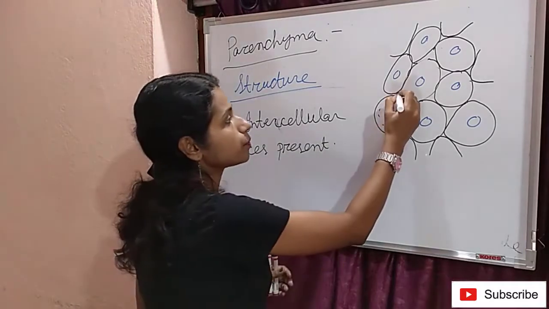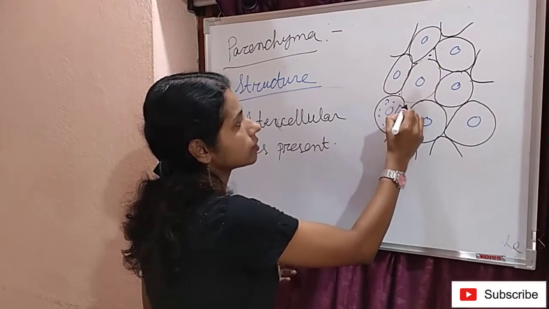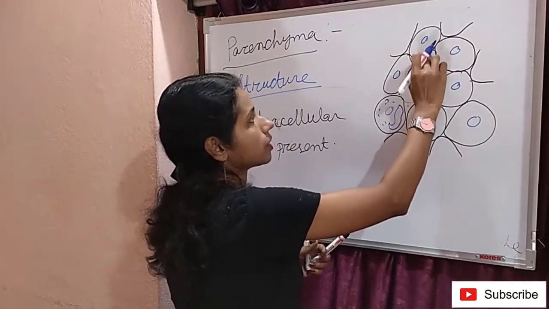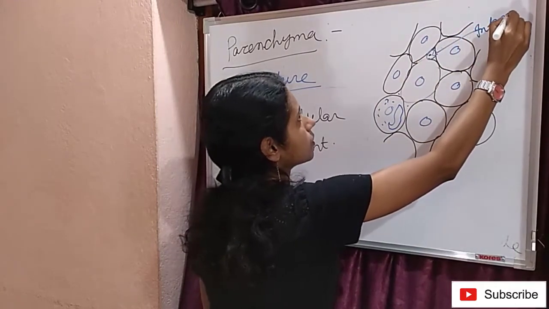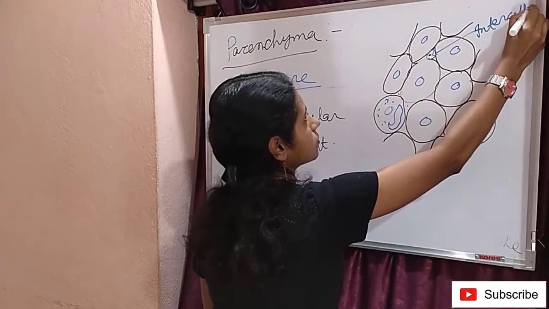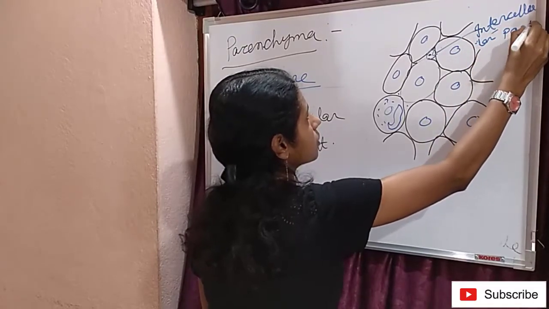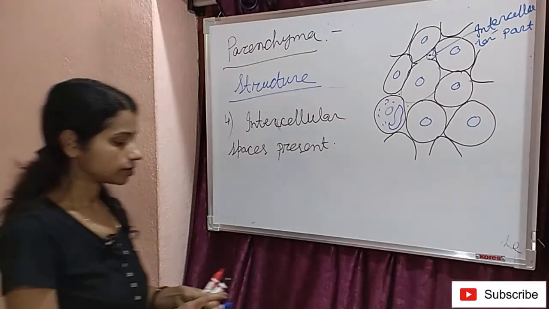Intercellular means space between two cells. See this part, this gap. These parts are the intercellular parts. A gap between two cells, intercellular spaces are present here.